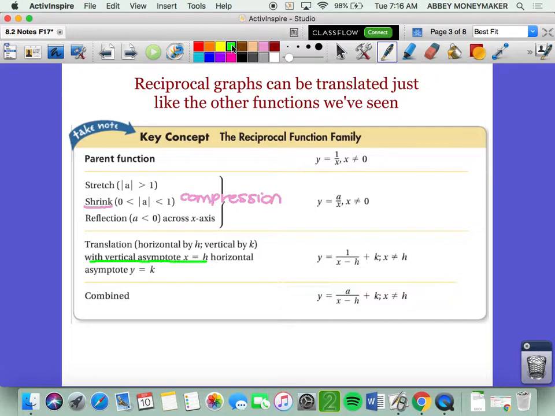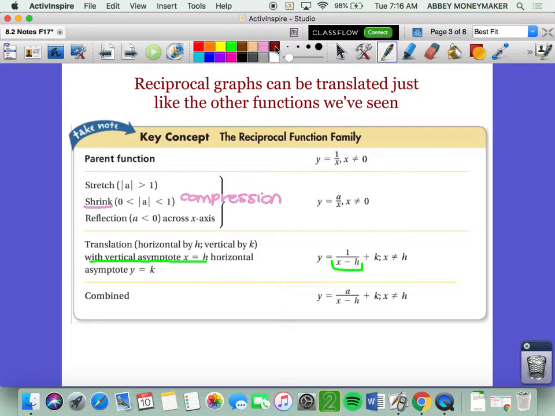We talked on the last slide about how h is your restriction, and the reason is because you can't divide by 0, right? So that restriction of h is called a vertical asymptote. Think of those invisible dog fences, right?